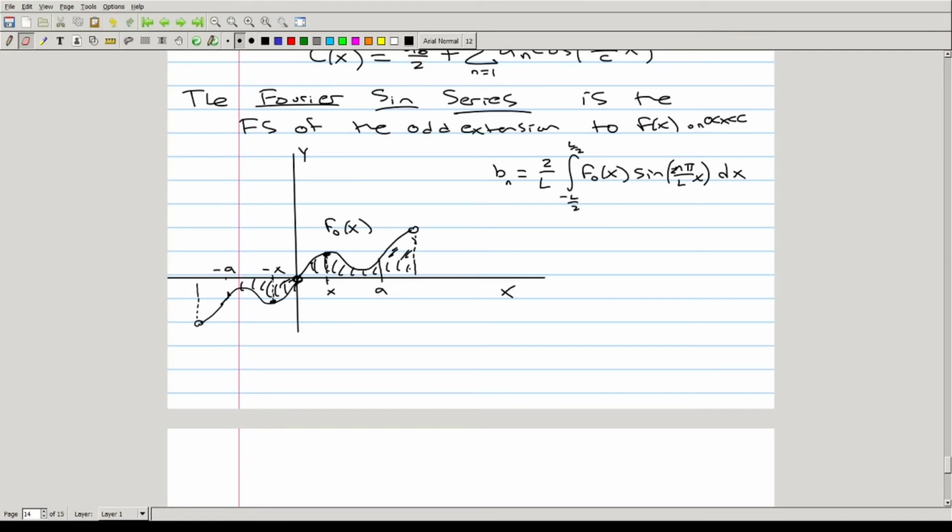And on the interval from negative c to c here, we can integrate this as follows.